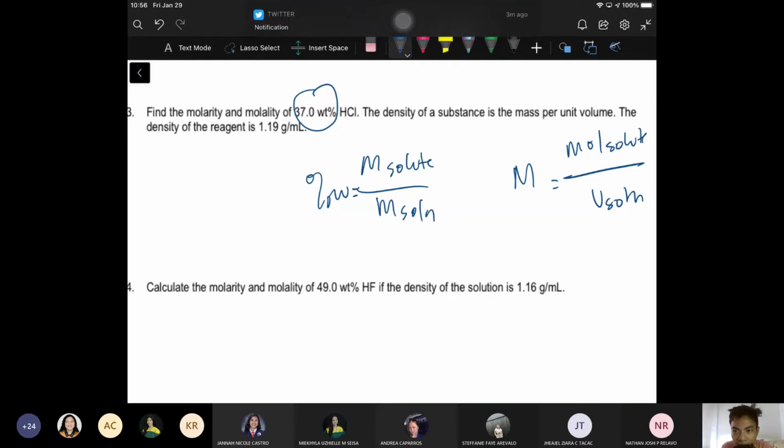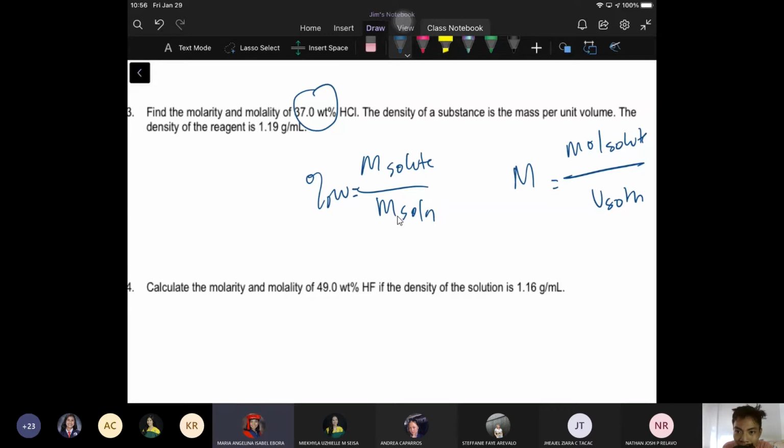Anyone can raise their hand para ma-recognize. Use your microphone para marinig namin ang answer niya. So is there a way to convert the mass of solution into the volume of the solution? Look at the problem. Tignan nyo yung given. Okay, so let's have Maria Angelina. Hello, sir.